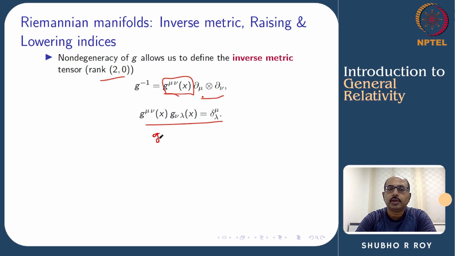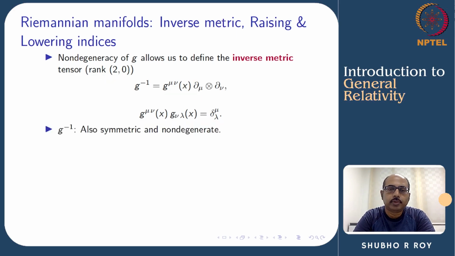The statement is of this form: G inverse G equals identity. Okay, so this is the definition. And what simply follows is that because G is symmetric and non-degenerate, so will be G inverse.